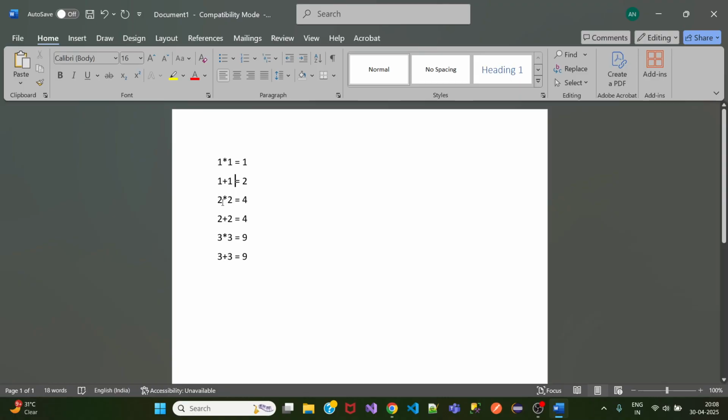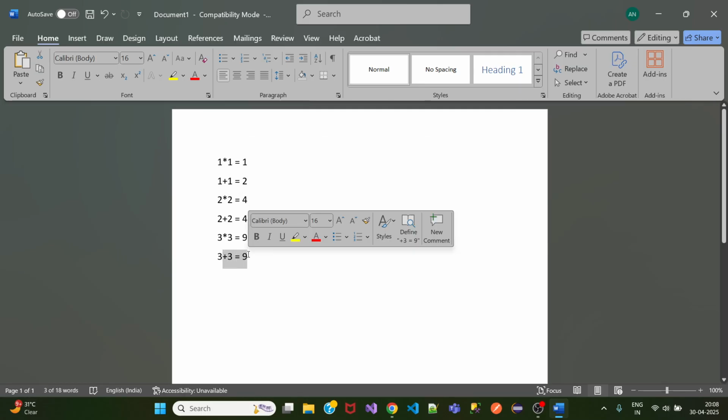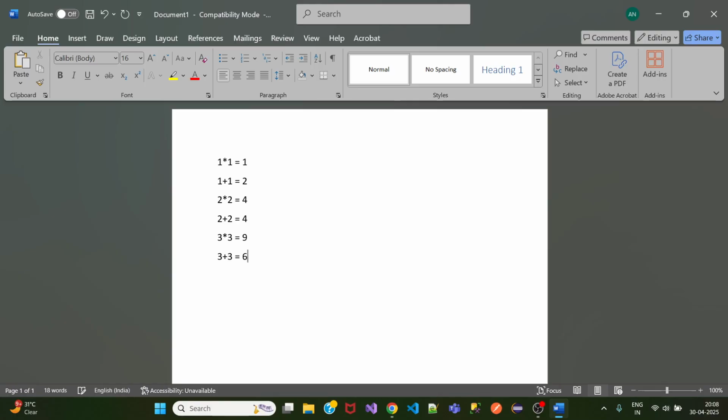We learned two table, three table, one table, and addition in this way, but we never went into the logic of why exactly 3 into 3 equals 9, 2 into 2 equals 4, 2 plus 2 equals 4, 1 plus 1 equals 2, or 3 plus 3 equals 6.